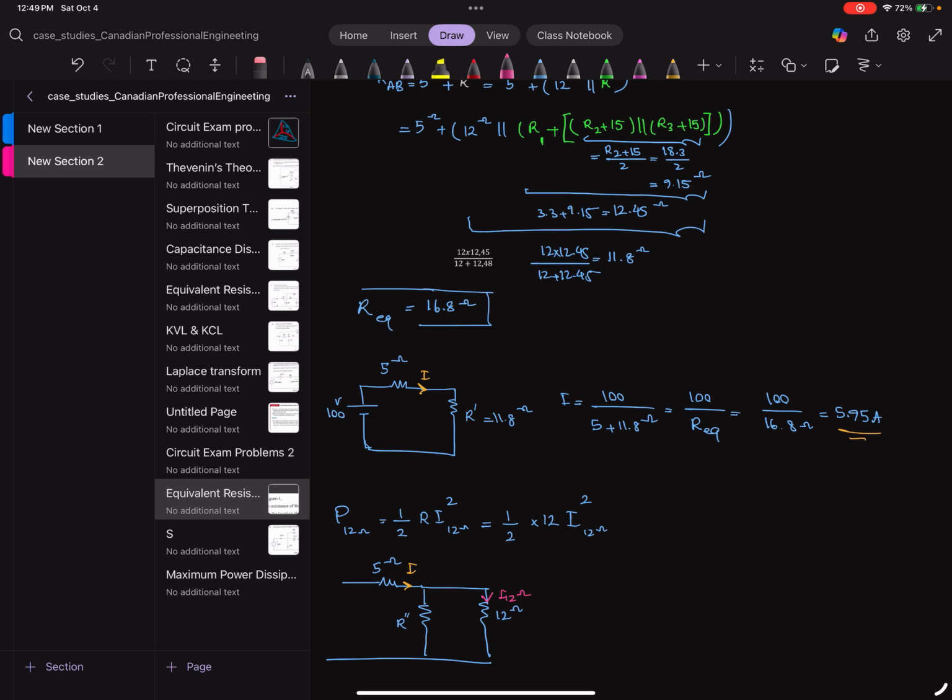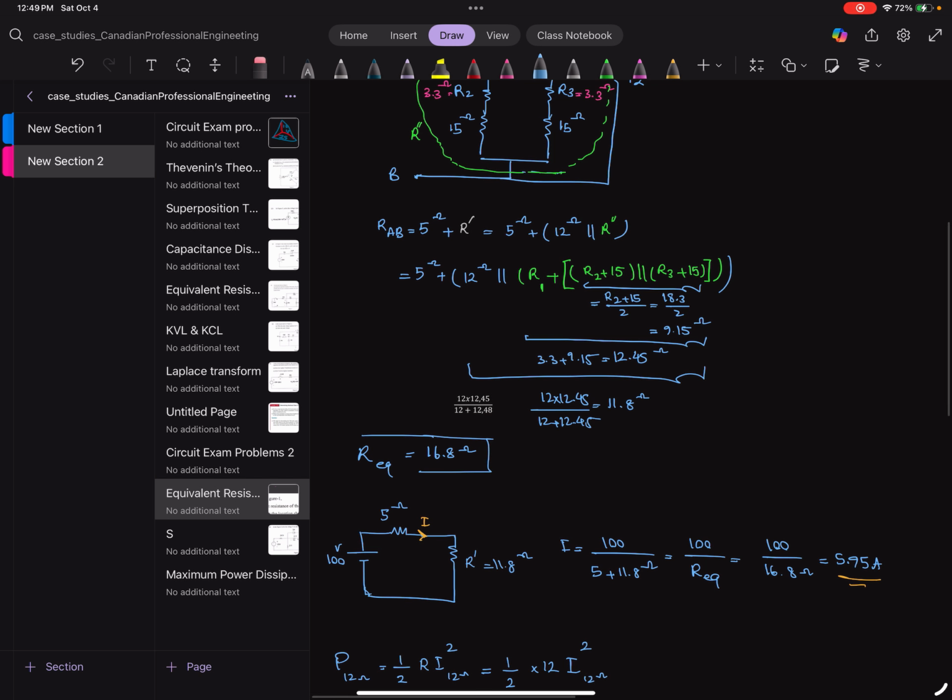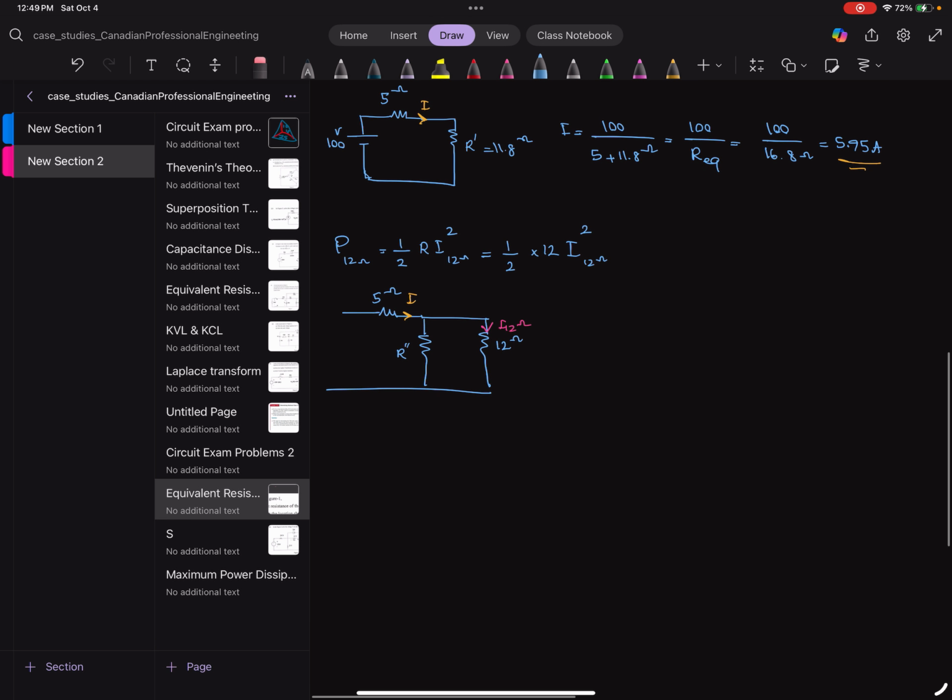We want to find how much I of 12 ohm is. So how much was R double prime? That's why these values are really important. R double prime was the total of the green one, which is 12.45. So here we have 12.45 ohm.